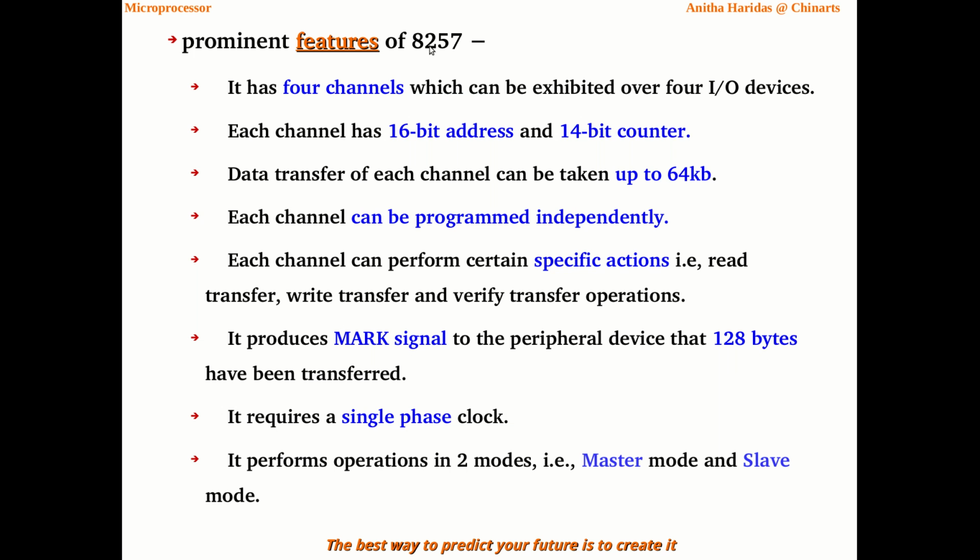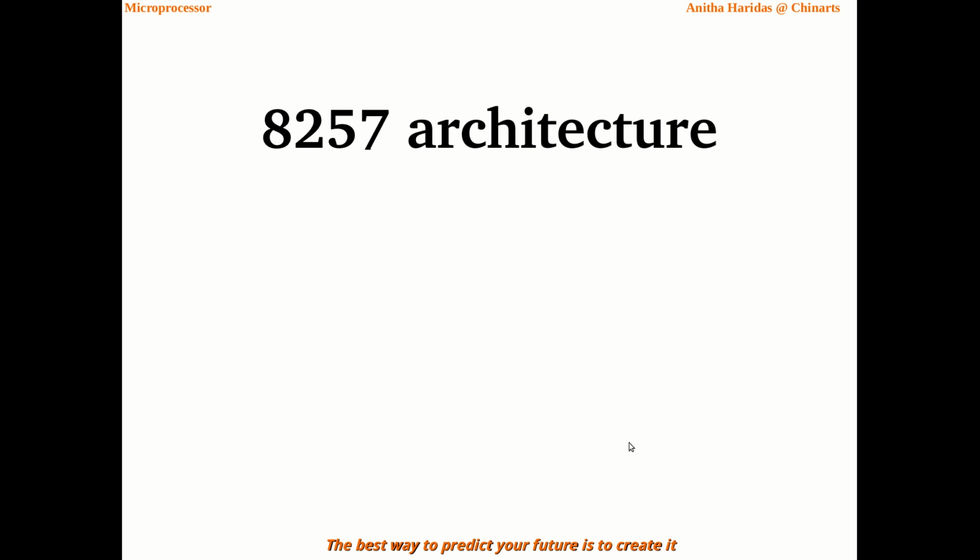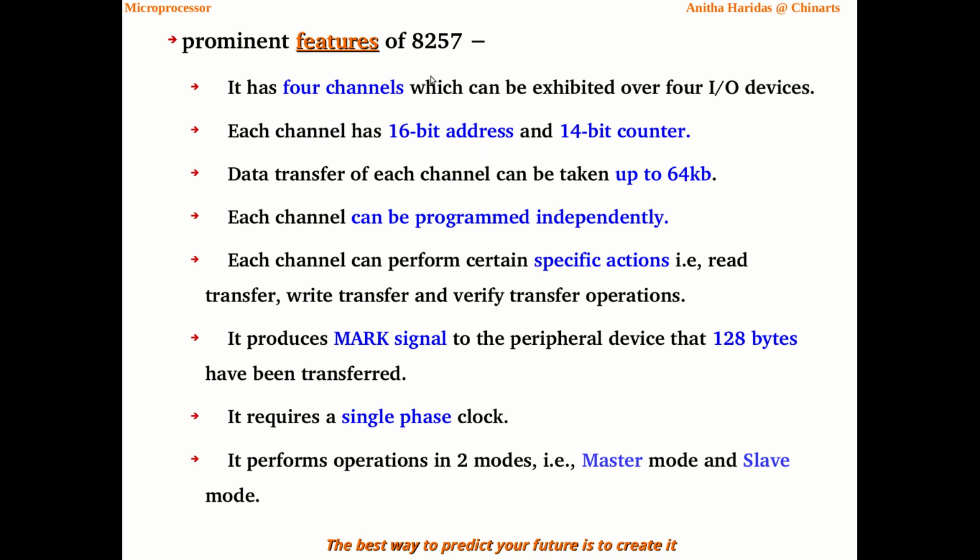And this 8257 requires only a single phase clock and it performs operations in two different modes, the master mode and the slave mode. So these are some of the features of 8257. You have 4 channels. Up to 64 KB we can transfer. That means at a time 64 KB can be transferred from one channel to the CPU.